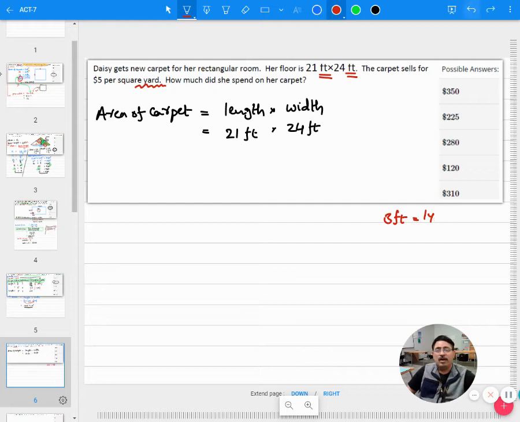Now, how to convert feet to yards? Do I have to add, subtract, multiply, or divide? When you get these kinds of questions, 3 feet equals 1 yard, so 21 feet equals how many yards?